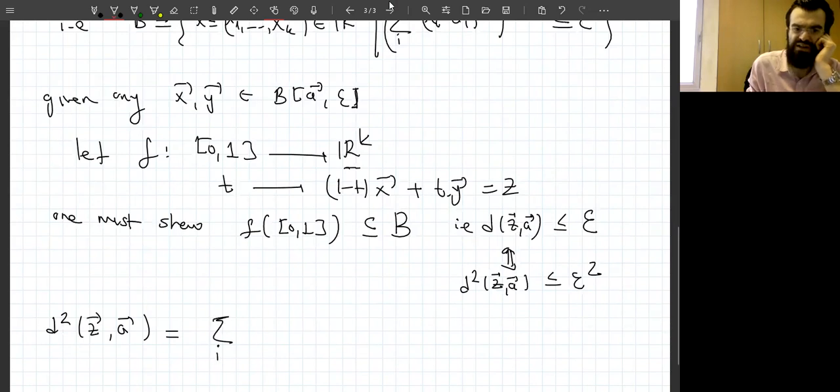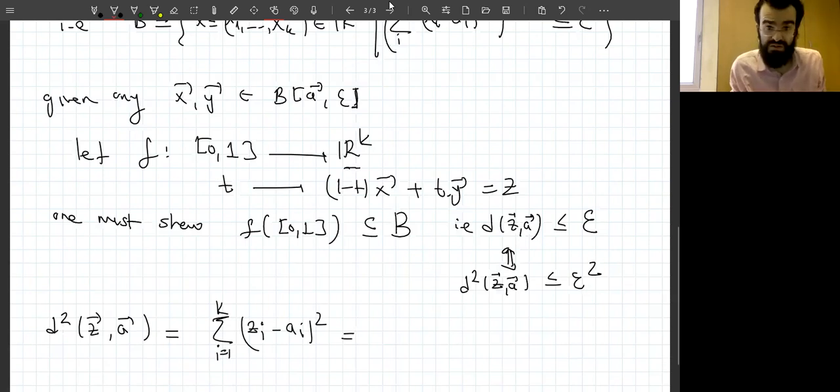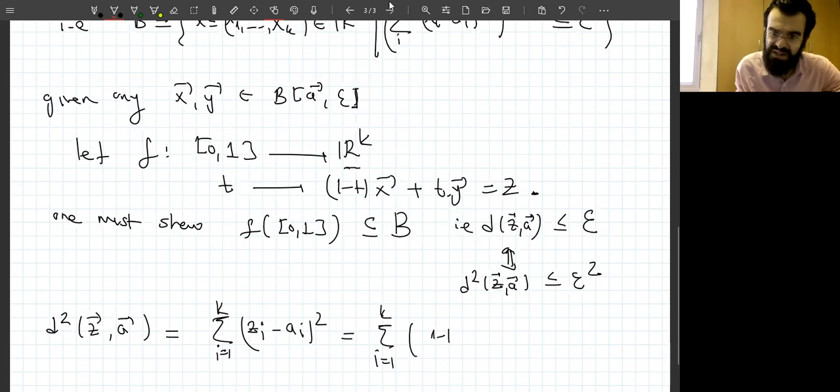This is the sum from i equals 1 to k of zi minus ai squared. But z_i is, as you see, 1 minus t times xi plus t times yi, minus a sub i.